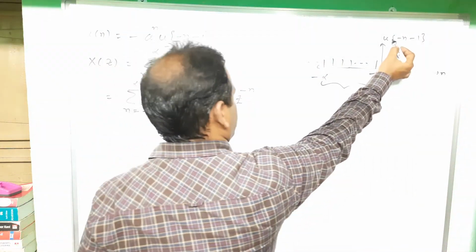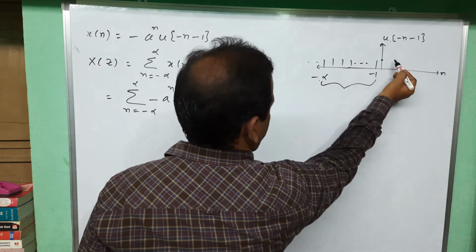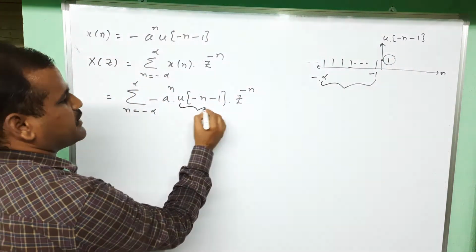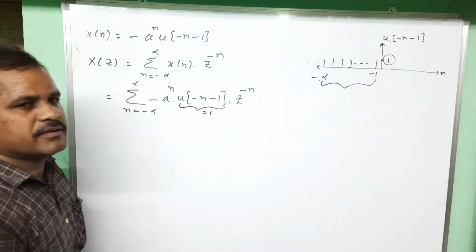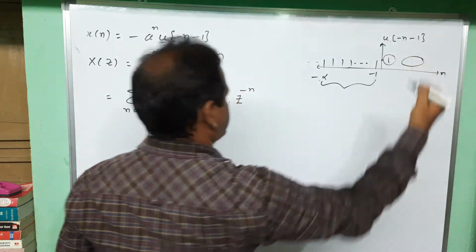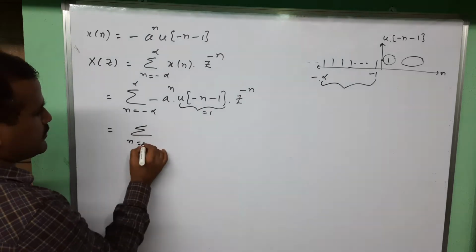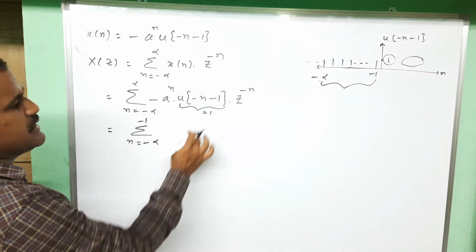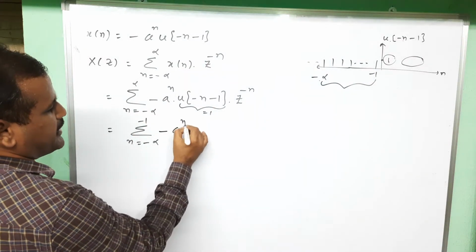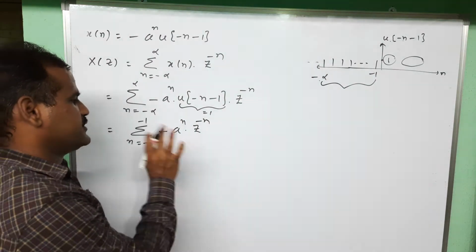The signal u of minus n minus 1 exists from minus infinity to minus 1 with amplitude 1, so that expression can be replaced with 1. Remaining all is 0, so we rewrite the limit as n from minus infinity to minus 1. This is replaced with 1, so the remaining expression is minus a to the power of n z raised to minus n.